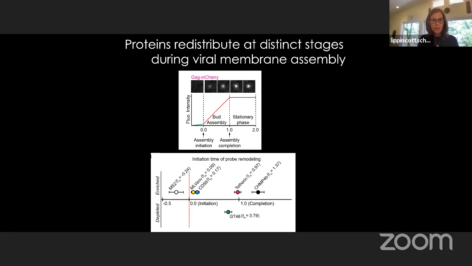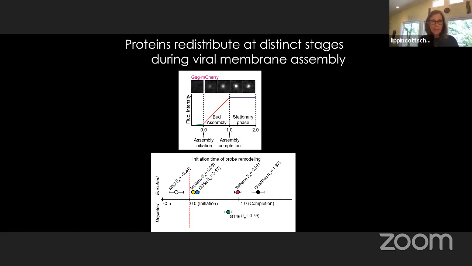So that's suggesting that as the HIV particle membrane is forming, it's not an instantaneous process. There's actually things happening over the course of the 5 to 10 minute assembly process, where as proteins come in, other proteins go out, and the environment of that particle is constantly changing throughout that whole process.